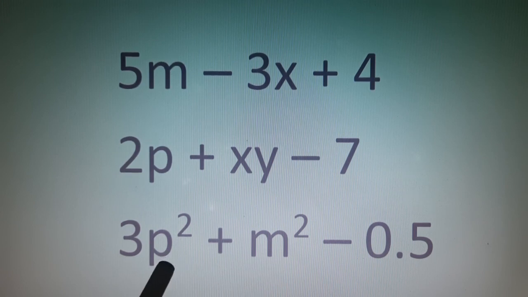Here the exponent of p is 2, here the exponent of m is 2. 0.5 is the constant of this expression. Now you can clearly understand and identify coefficients, variable and constant of an expression.